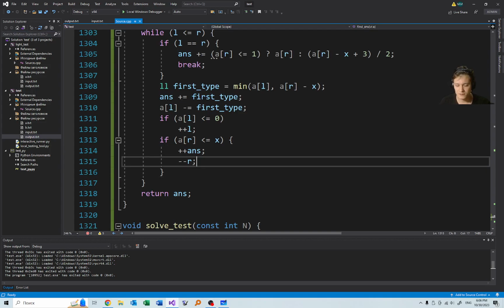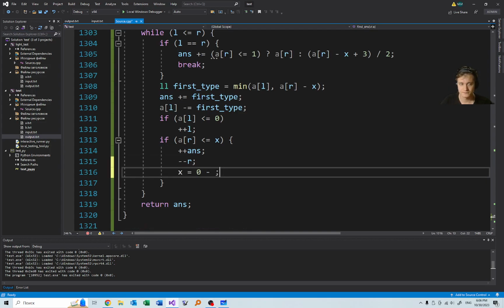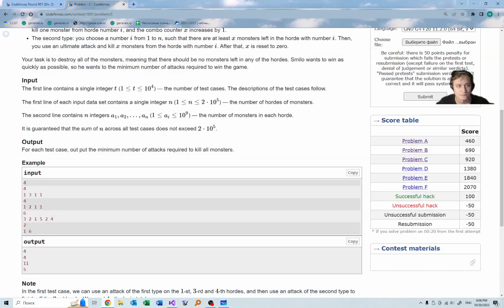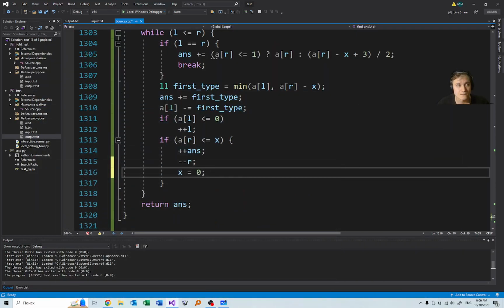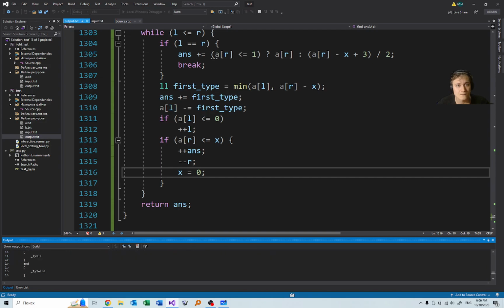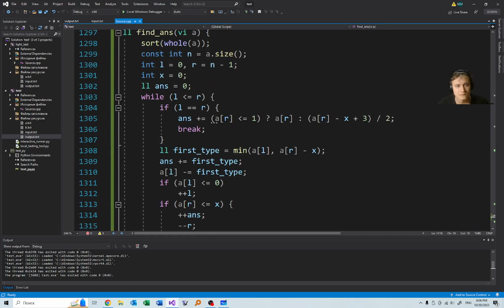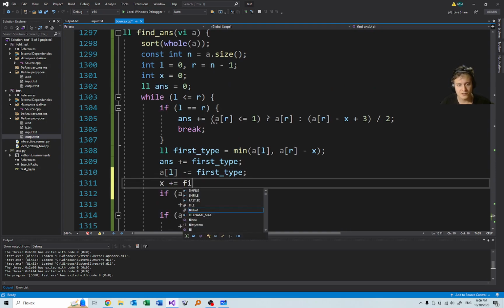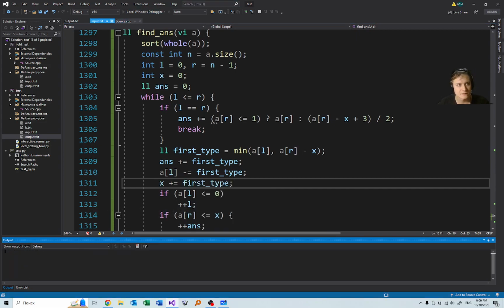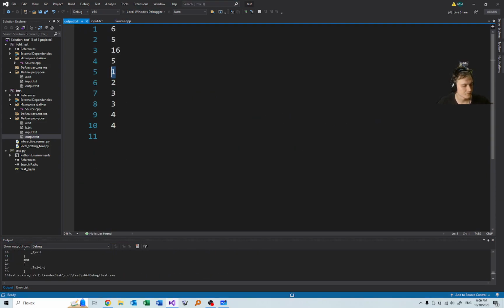Ah, of course, I forgot to make X 0. And here I forgot to add X to first type, first type to X. 4, 4, 11, 5. And then we have this: 1, 2, 3, 3, 4, 4.